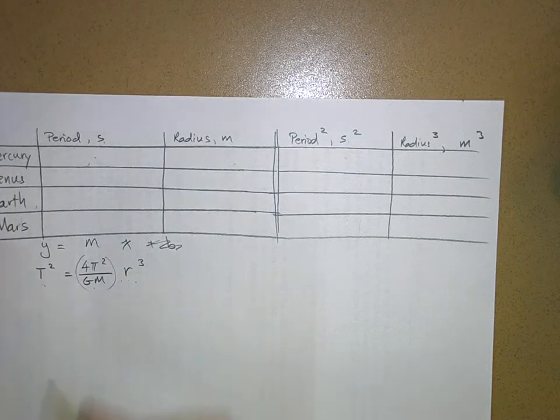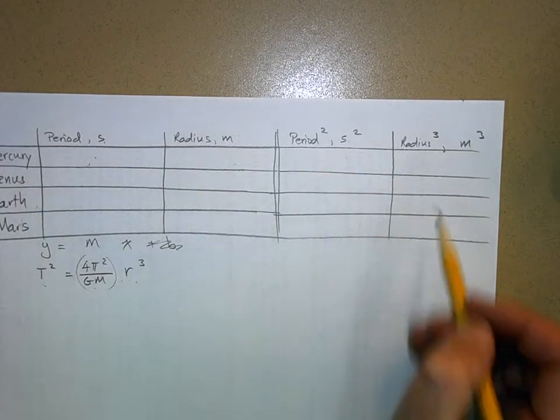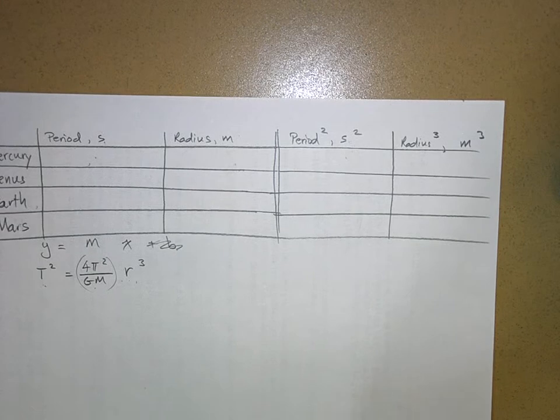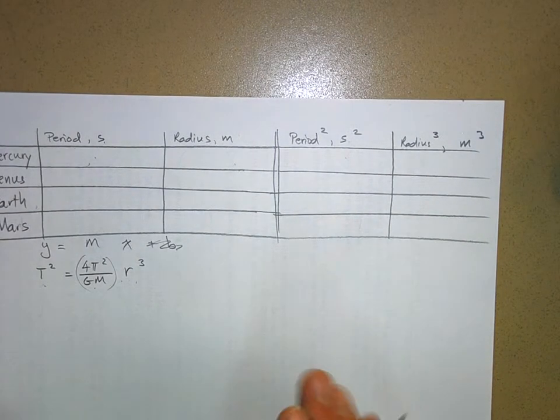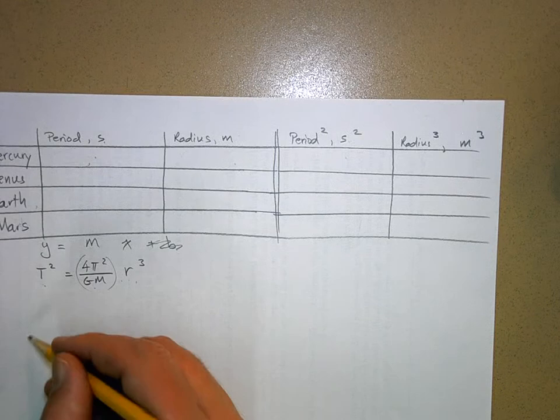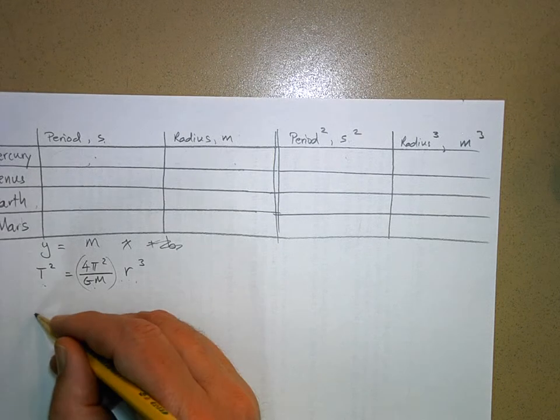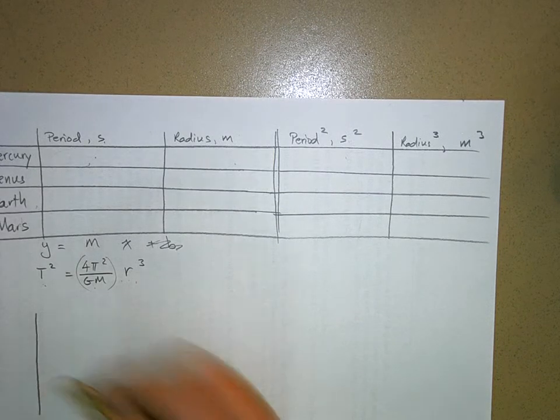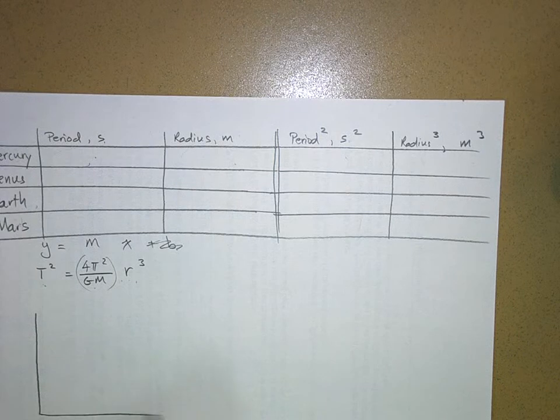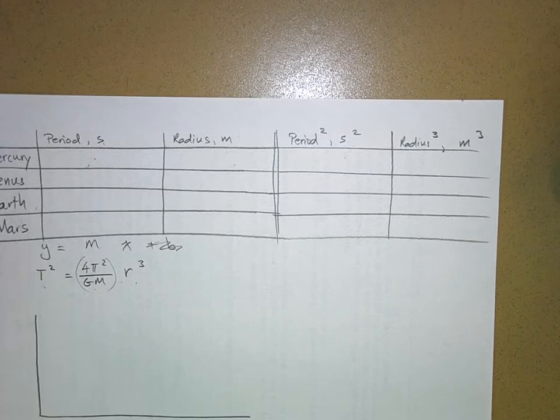And these numbers are going to be big. They're going to involve scientific notation, and I'll show you how to massage them so that it looks a little better. And then I want you to make a nice big graph. You're going to graph period squared as a function of radius cubed, and we'll see if it turns out to be a straight line. Oh, I'm off screen.